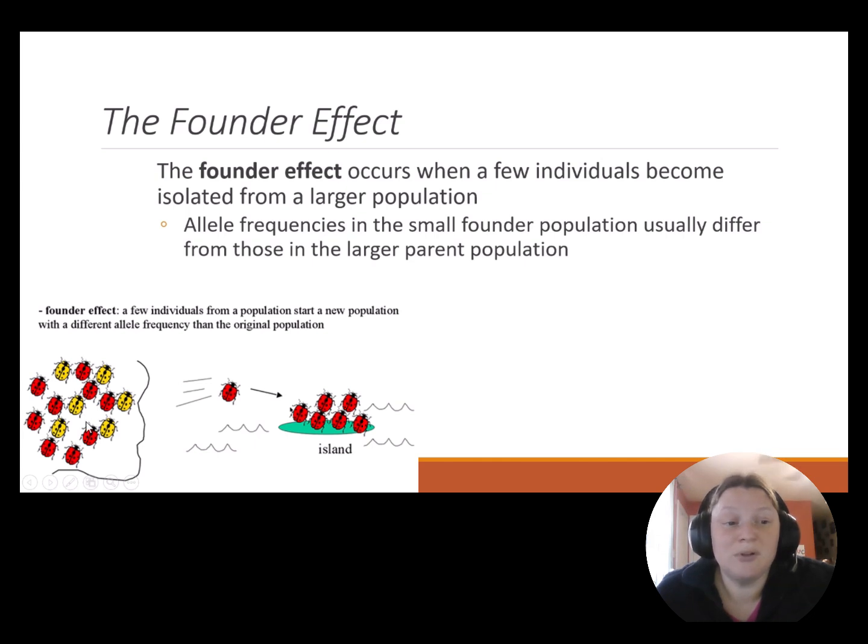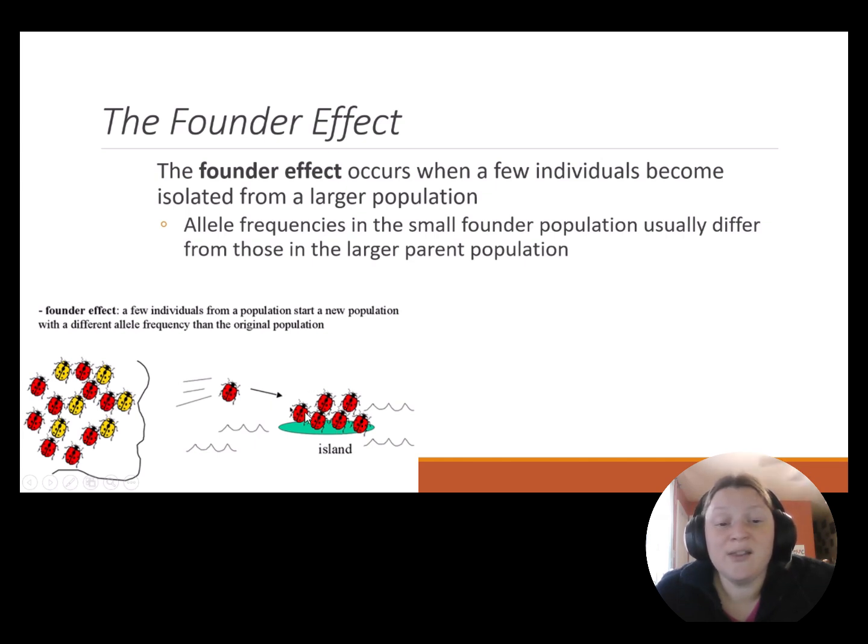So an example, we have all these beetles on the mainland, and let's say that each one of these beetles actually represents 100 individuals. So 100 individuals leave the mainland and they travel and land on an island. They are founding a brand new population on this island. Which beetles leave is random. So this is a random sample from our original population.